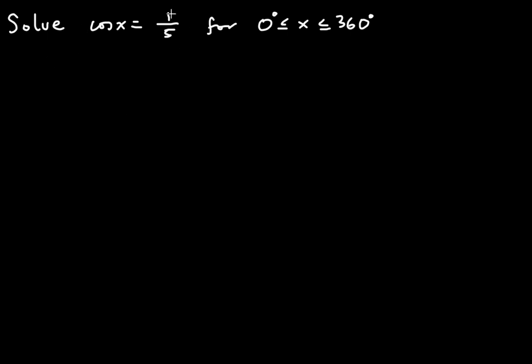Solve cos x equals 1 over 5 for the same range as before, so 0 to 360. So we start by taking inverse cos of 1 over 5. So that gives 78.46 to 2 decimal places.